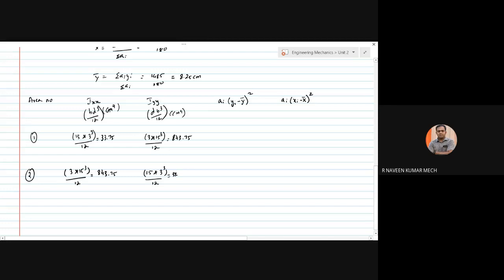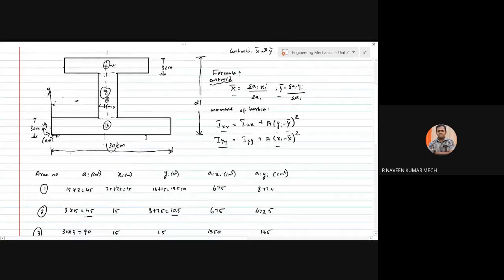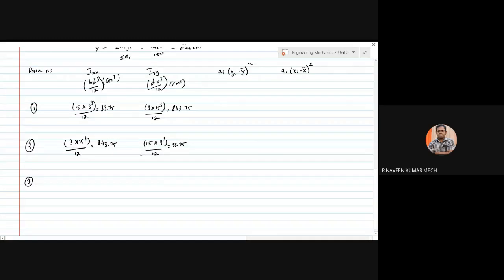We get 33.75. For the third area, B is 30 and height D is 3 mm. You can write it as 30 into 3 whole cube by 12. The answer is 675.